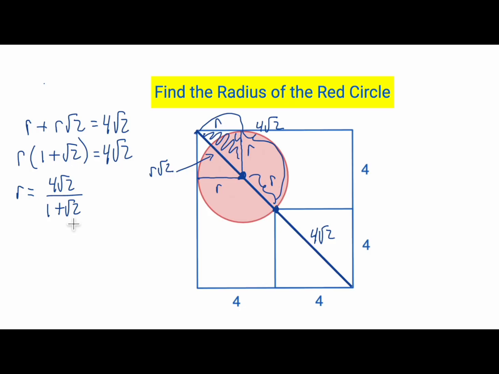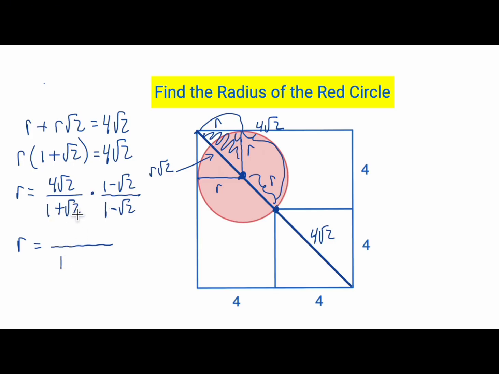Okay, now in order to simplify this, we're going to multiply by the conjugate, and the conjugate is going to be 1 minus root 2. In the denominator, we're going to do 1 times 1, which is 1.